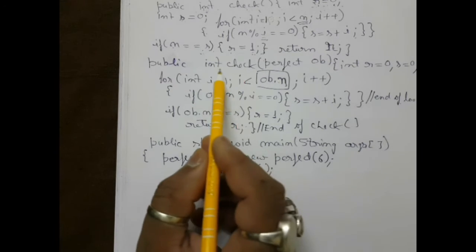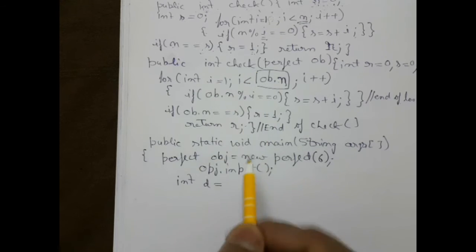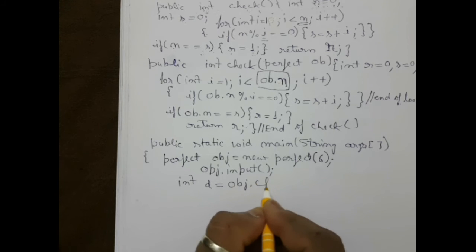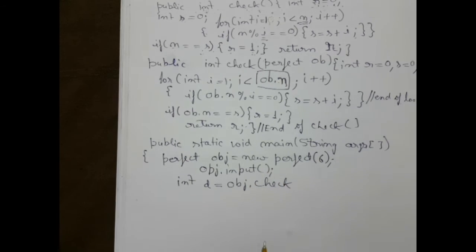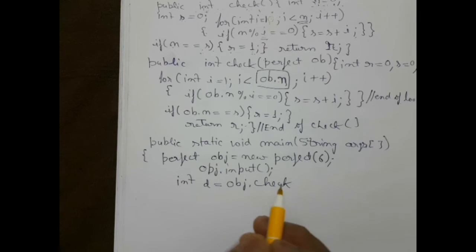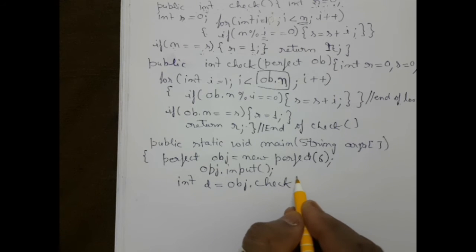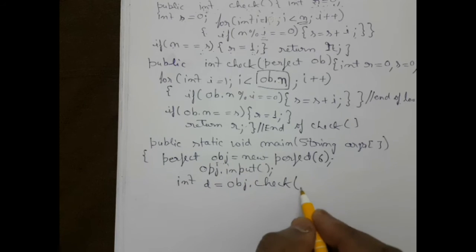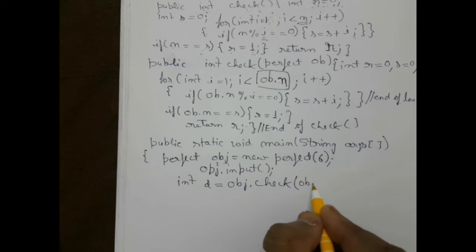So check is there, which is returning. I'm going to call this one. Okay, so here I write obj dot check, and students, after that I'll pass the object.